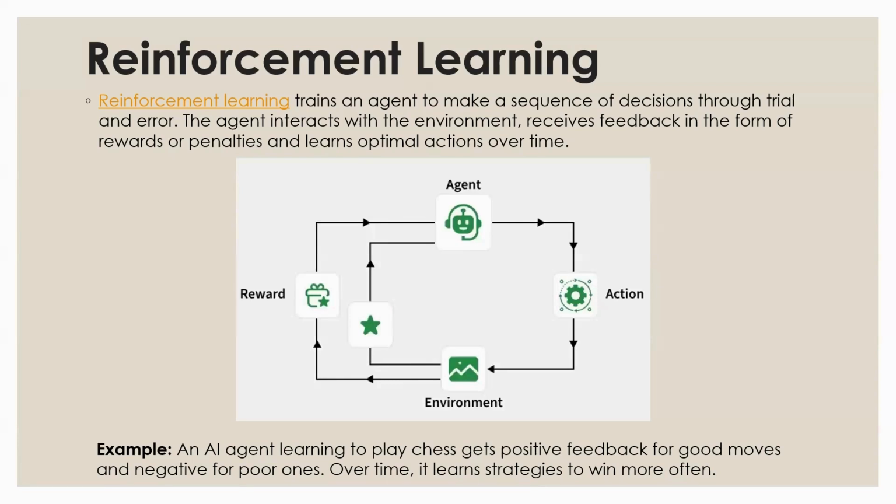You must have experienced this when we enter a prompt in an AI system and it gives us a response: we can give either a thumbs up or a thumbs down, right? When we give a thumbs up, it learns that it has produced a good output. And when we give a thumbs down, it learns that some other output should have come.